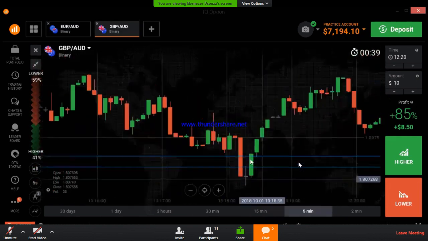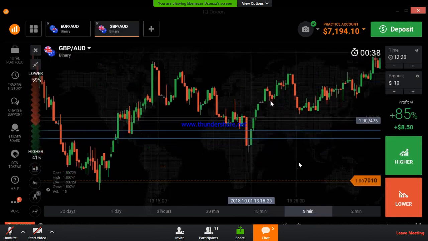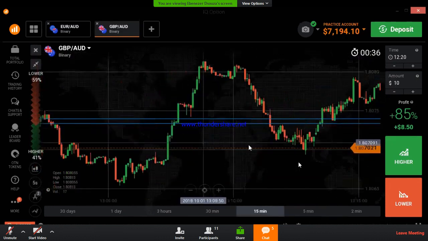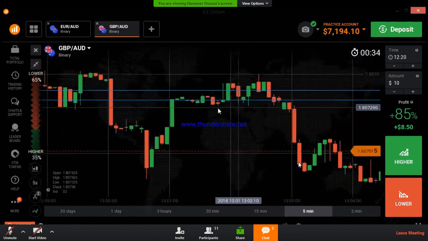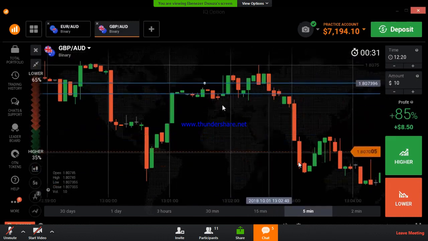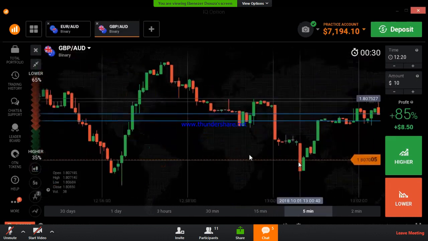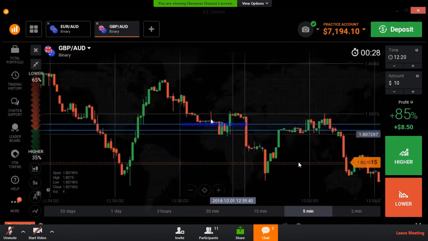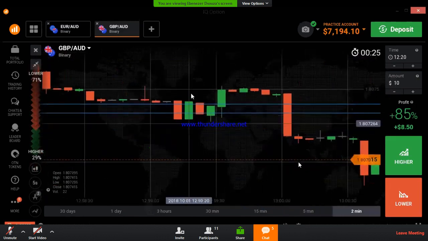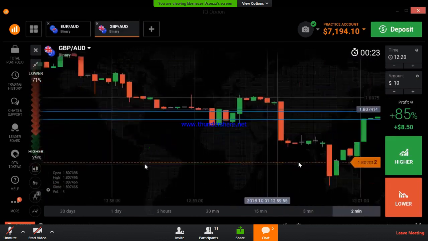Okay, you can find the strong confirmation here. No confirmation, no confirmation. You can see some confirmation. It is reversing again. Yeah, there are some confirmations here. You can see the confirmation, it closed above the level.